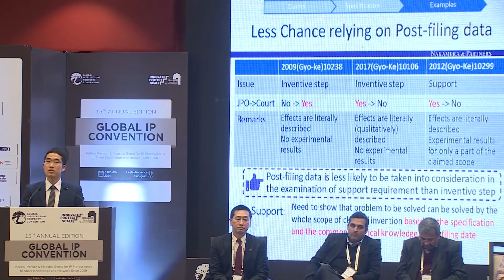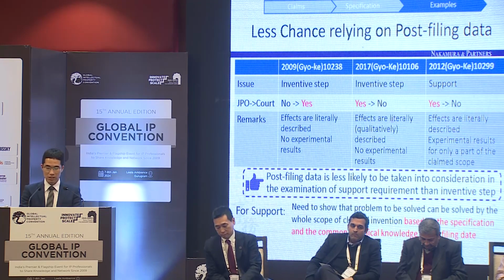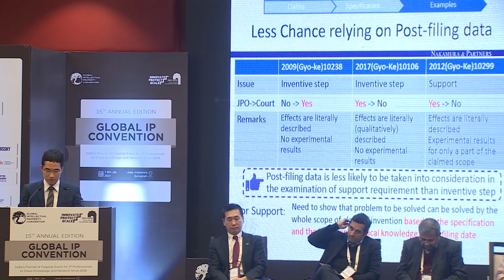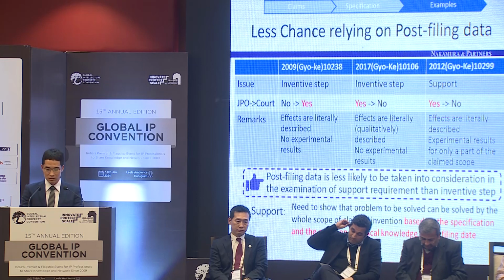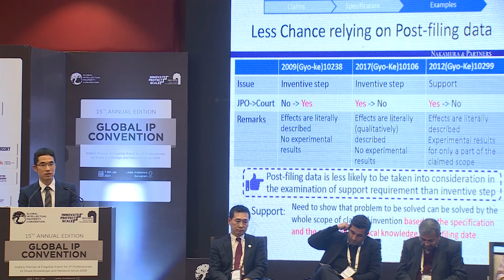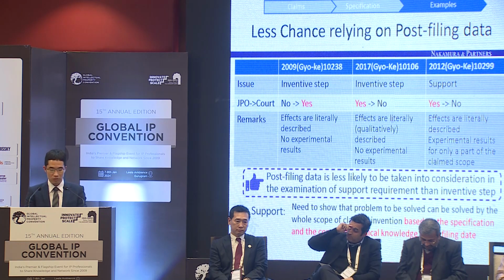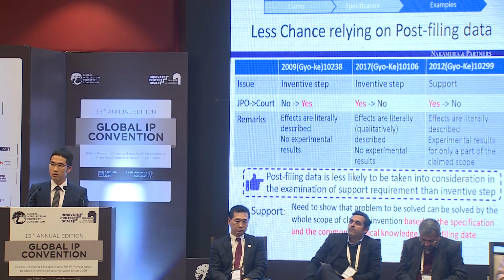It should also be noted that in Japan, there is less chance of relying on post-filing data than in other jurisdictions. This table shows 3 court cases in Japan. 2 relate to inventive step, and 1 relates to support.